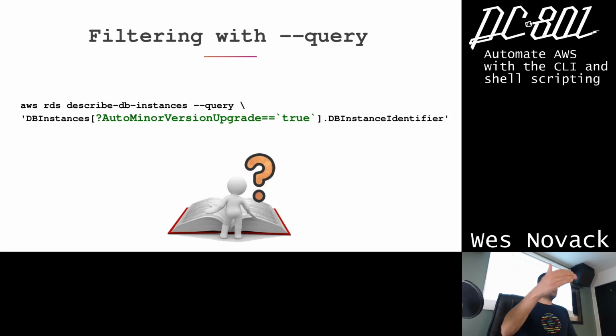And then I am only extracting the DBInstanceIdentifier. This would allow me to quickly get a listing of every single RDS instance in my account, in the region that I'm querying, that has auto minor version upgrade set to true, because maybe I want to turn that off, depending on how critical your production databases are and if you can tolerate those automatic version upgrades and the slight amount of downtime that they cause.